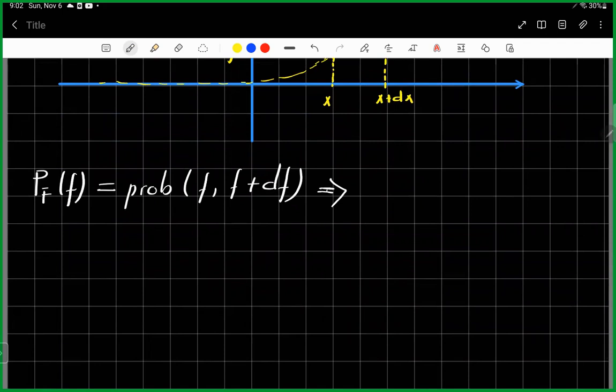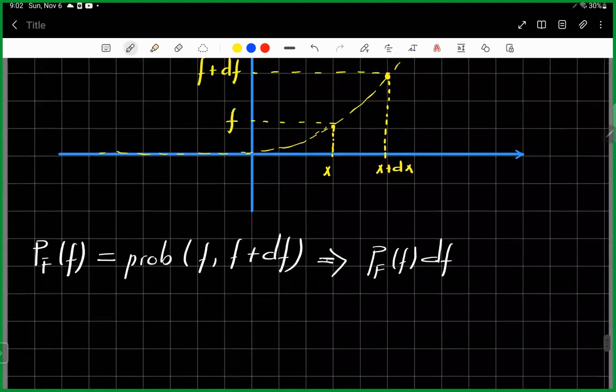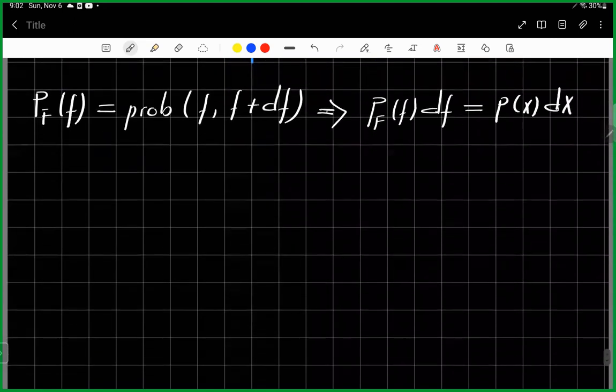I can show that the probability of the function f times df, because of the integrals, the areas, is just equal to the probability of the variable x times the differential of x. Okay, very good.